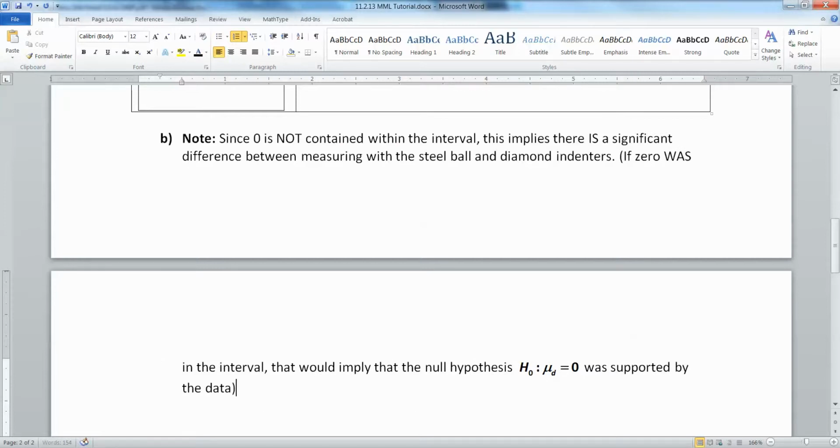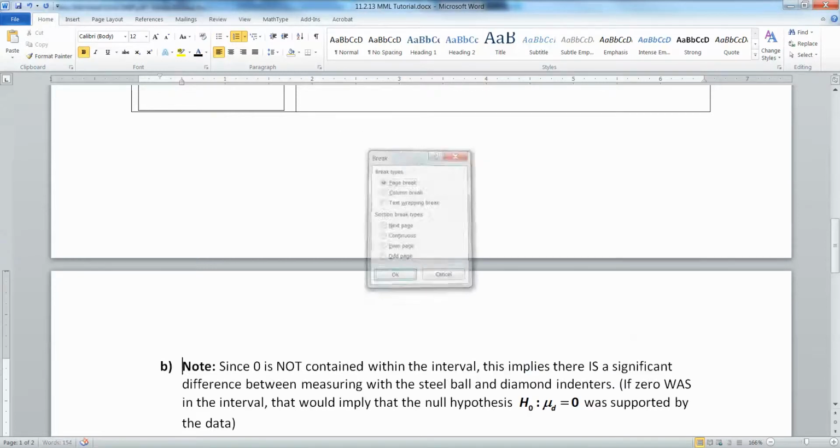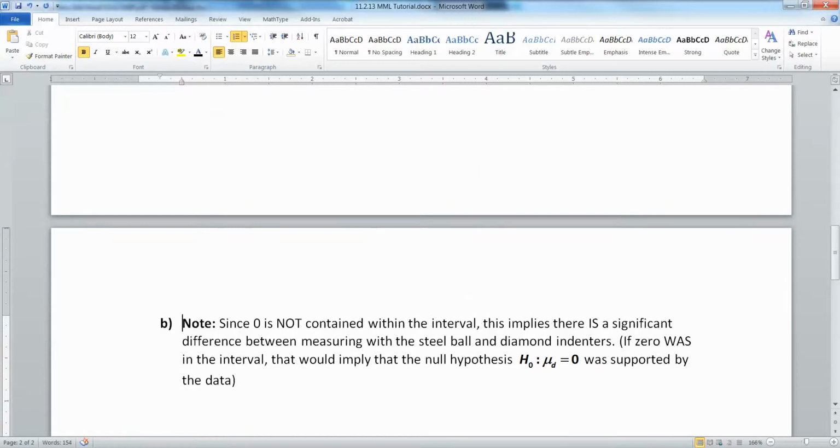So since 0 is not contained in our interval, we're basically rejecting, right? Let me put it this way.